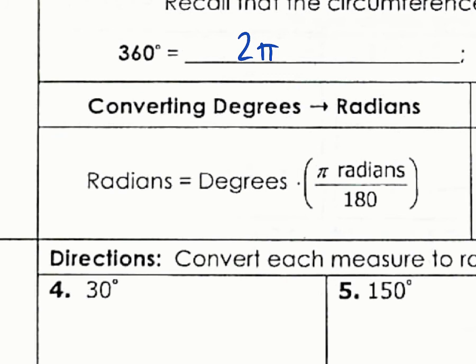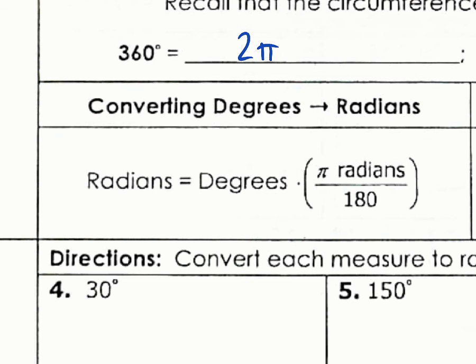So if I want to change degrees to radians, I'm going to take my degree measure and multiply it by pi over 180. That's my conversion. Just like multiplying 12 inches by 1 foot. That's my conversion.